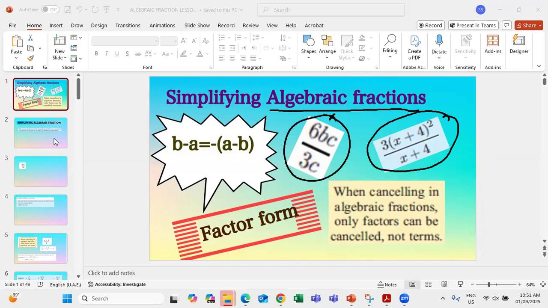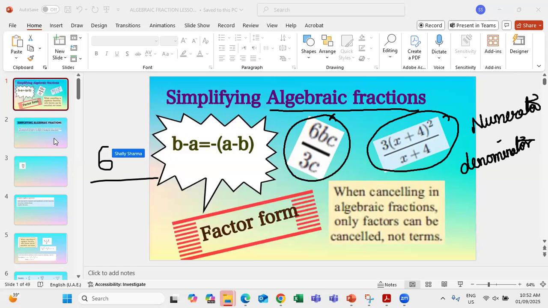When we see an algebraic fraction, it looks more like an arithmetic fraction, where we have a numerator as well as a denominator. The only difference between an arithmetic and an algebraic fraction is that in algebraic fractions, the numerator and denominator have constants and variables as well.